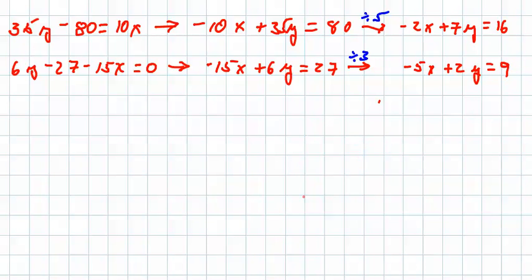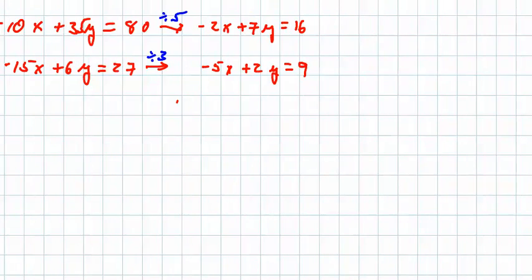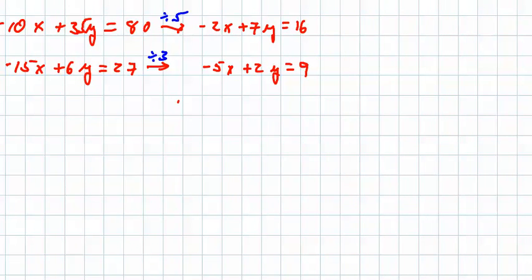All right, slide over here. Now, I've simplified the equations so that they're easier to work with. Now I have a choice. I can multiply the bottom by 7, the top by 2, or I can multiply this by 2 and this by 5.